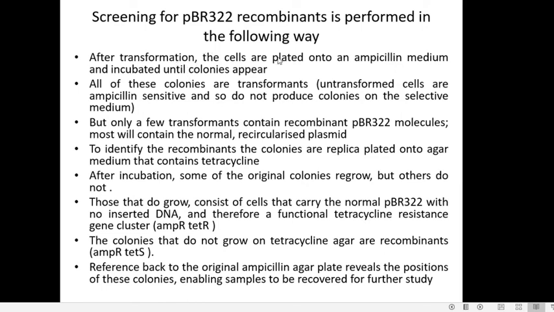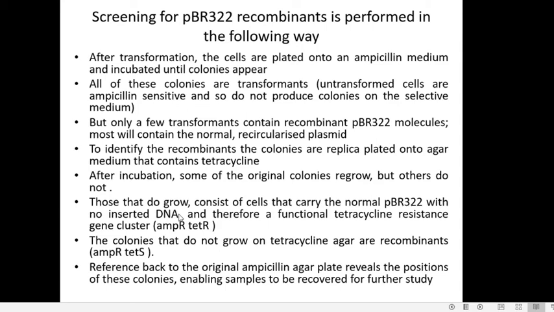So after the transformation, you will have to plate the cells into an ampicillin containing medium and you have to incubate them until the colonies appear. So you are taking these cells and allowing them to form colonies in an ampicillin containing agar medium. Which cells will grow in the presence of ampicillin?